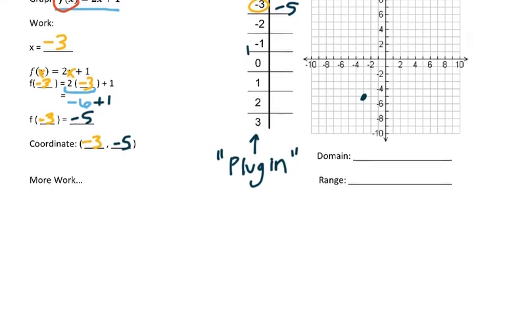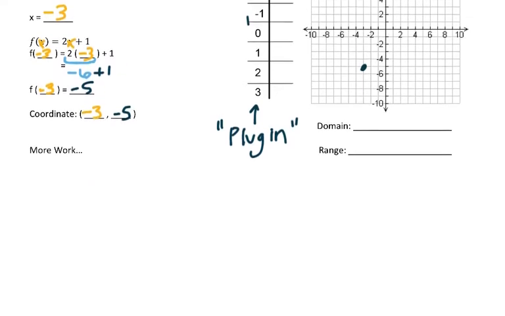Alright, so notice here it also says more work. Well, that's because we're going to now plug in -2. So if we plug in a -2, instead of f of x, we're going to have f of -2. So f of -2 is what we're looking for, which means that our equation, instead of being 2 times x, is going to be 2 times -2, and plus a 1.